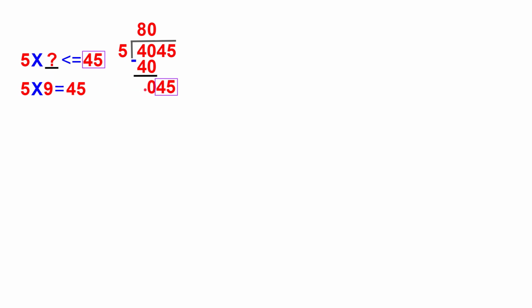This is our exact number, so no need to go on with this. 9 goes straight above the third digit of the dividend, and the 45 that we got here will be subtracted from what we have here, and this is a 0. No more digits, so this is our result. 4,045 divided by 5 is 809.